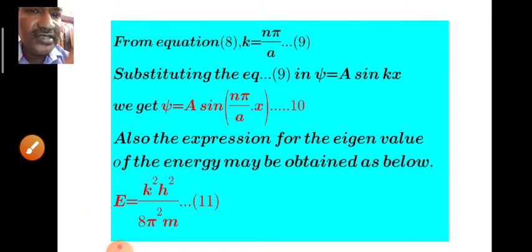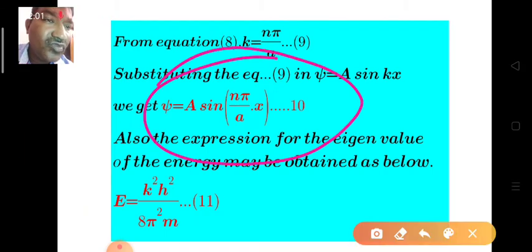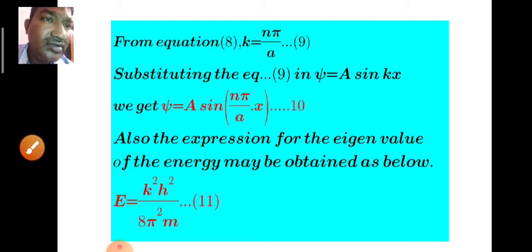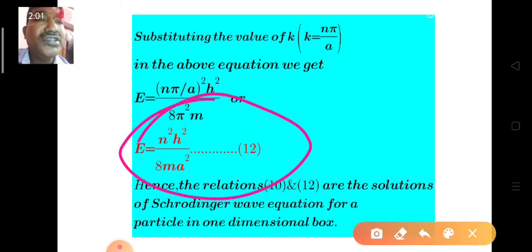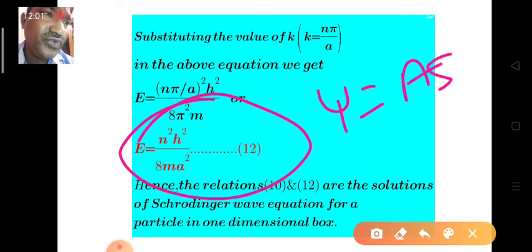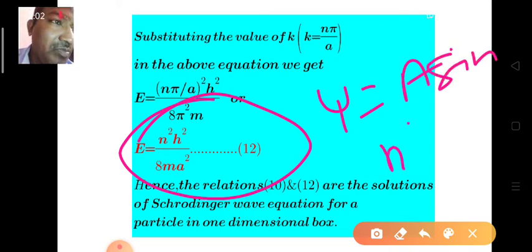This is equation 12. What is equation 10? Once again we recollect: psi is equal to a into sin (n pi x upon a).